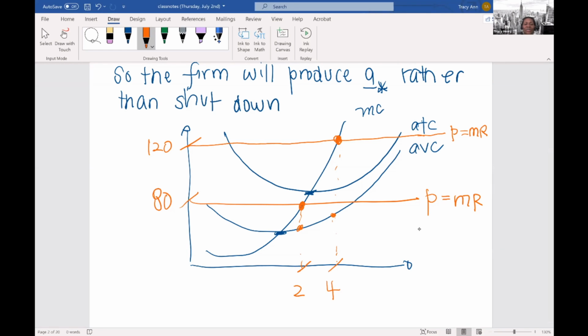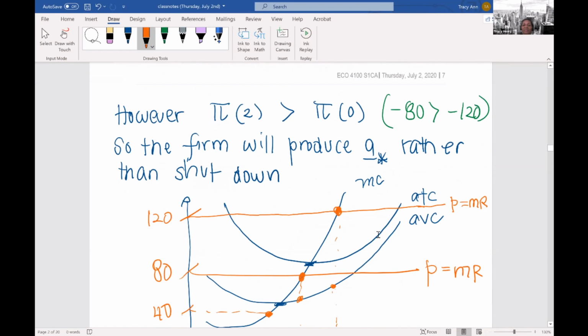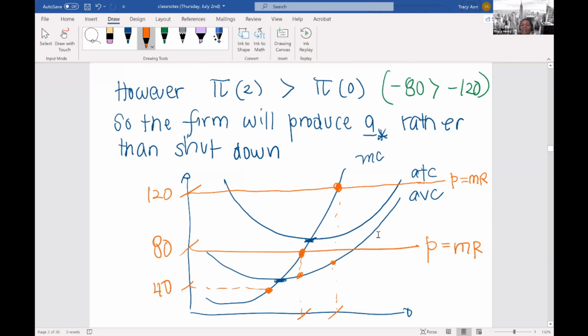So for fun, you can work out what will happen when the price is equal to 40. What is your marginal revenue equal to marginal cost at price equals 40? And you're going to find that at that particular quantity, where marginal revenue is equal to marginal cost equal to 40, your profit is going to end up being less than minus 120.